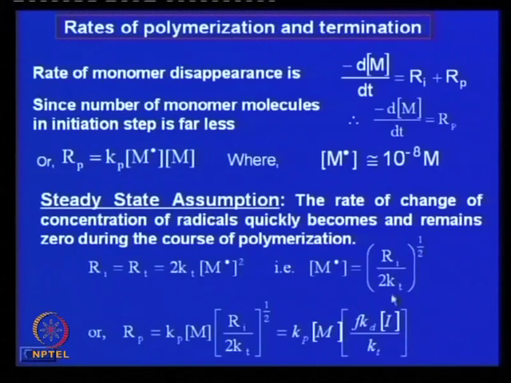And since R_i is equal to twice f k_d [I], after substituting this growing chain radical concentration in this equation, you can get this expression, where this efficiency factor has been included in the rate equation.